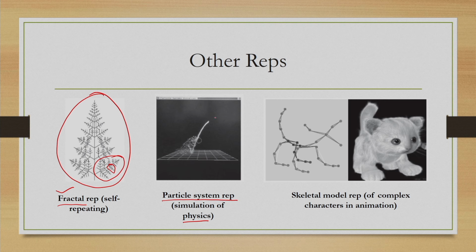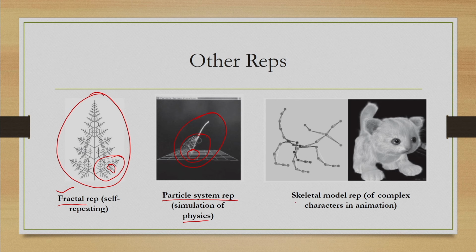For example, if we want to create this waterfall in a very realistic way, then particle system representation would be more appropriate than any other representation we have used so far, where we will be able to actually mimic the way this water flows due to gravity and falls from a higher position to lower position, and the collisions and how they get dispersed, all these things can be captured using particle system representation.